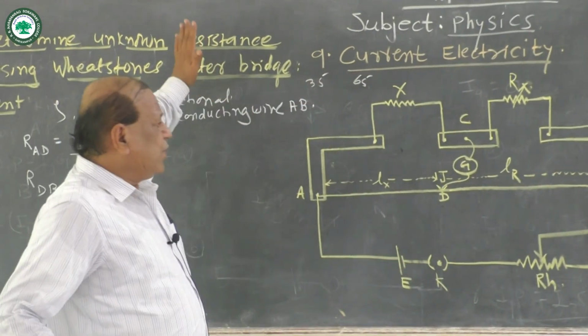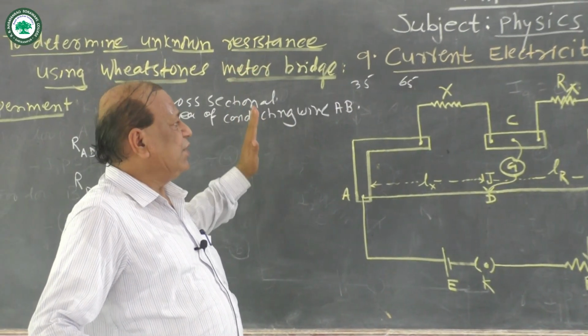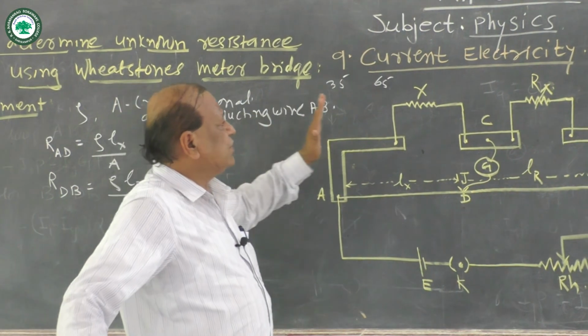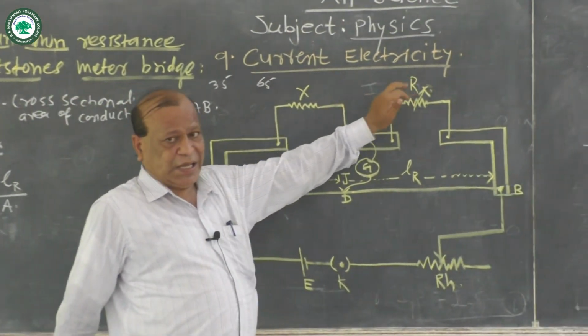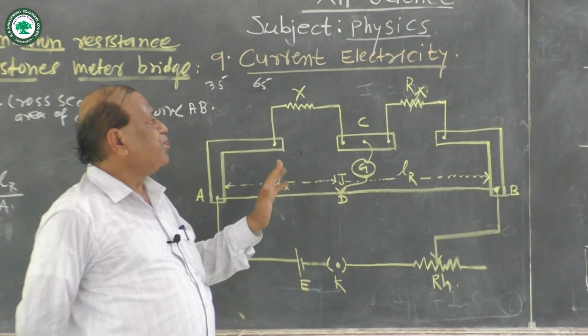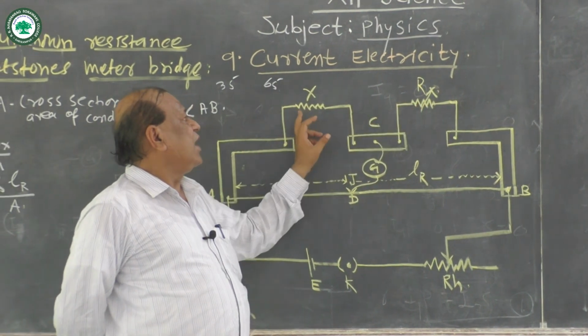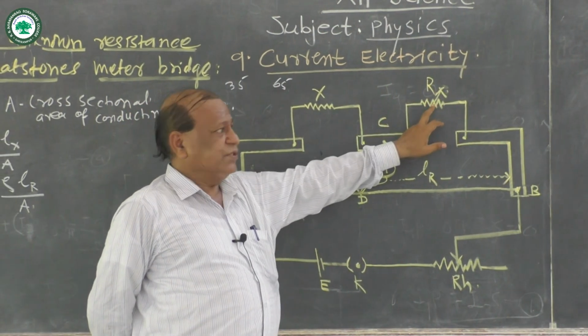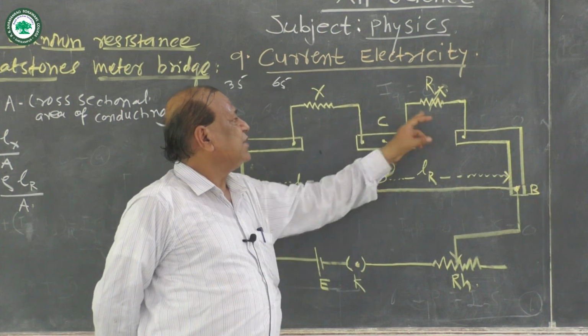For taking the experiment, take at least 3 readings by changing the resistance R. Again we interchange this resistance R and unknown resistance. Their places are interchangeable.